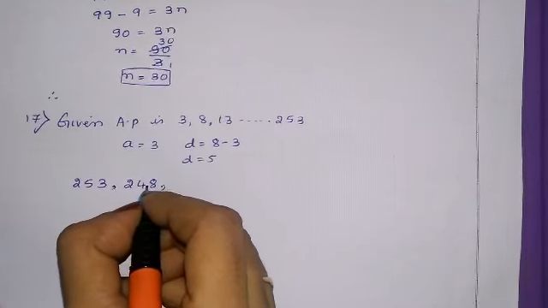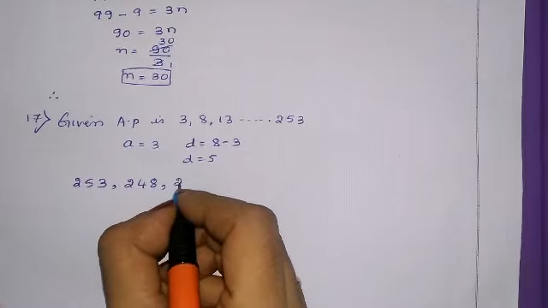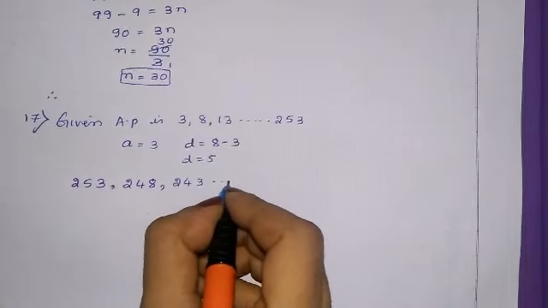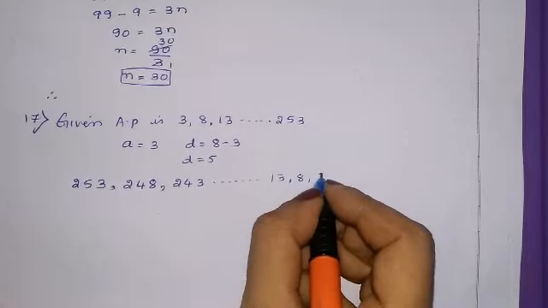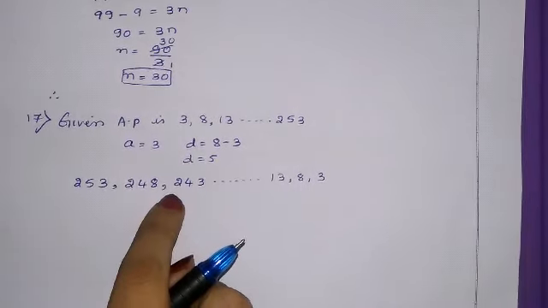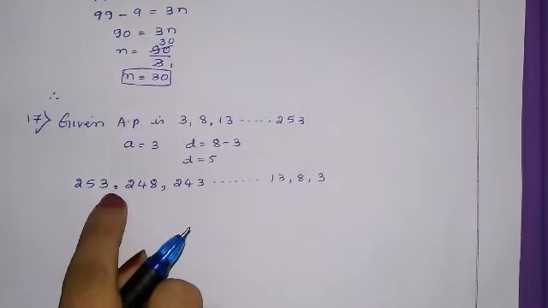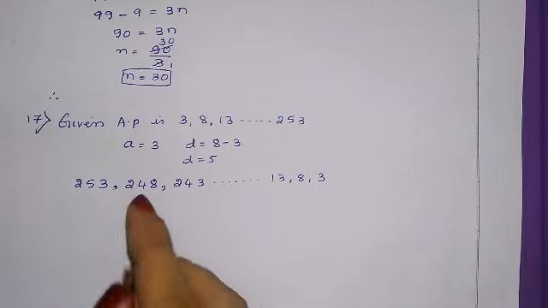Again 248 minus 5 is 243. Like that we go on down to 13, 8, 3. From the last term the AP is like this. Now we have to find the 20th term.